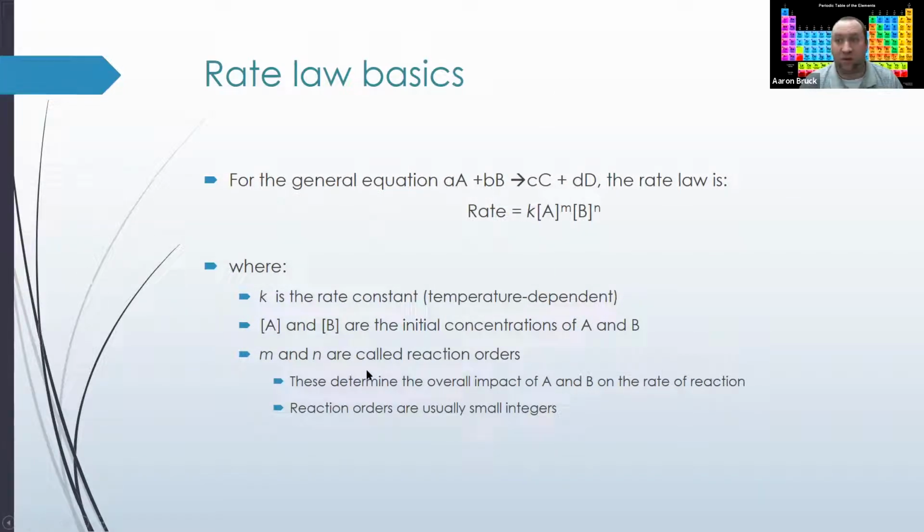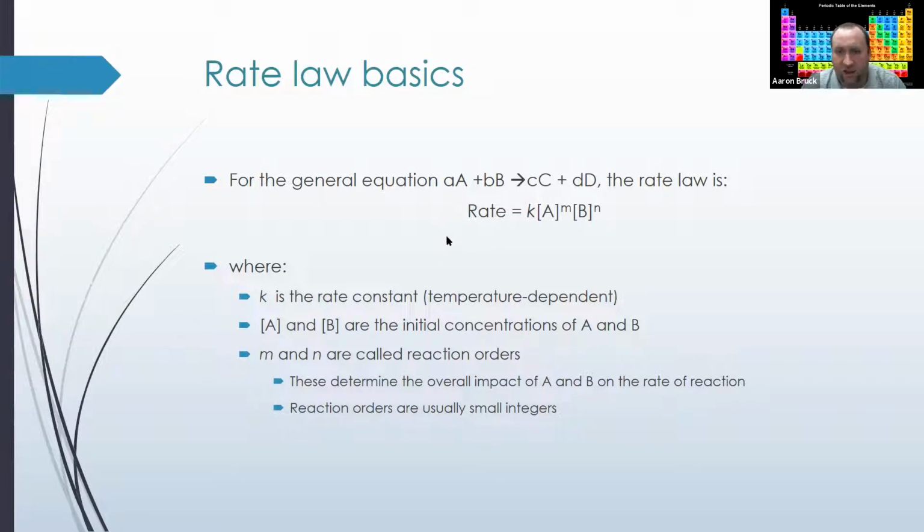But before we do, let's get into the basics and fundamentals of what a rate law is. In a rate law, for this general equation, A is reacting with B to make C and D. Each of those reactants has a coefficient associated with it.